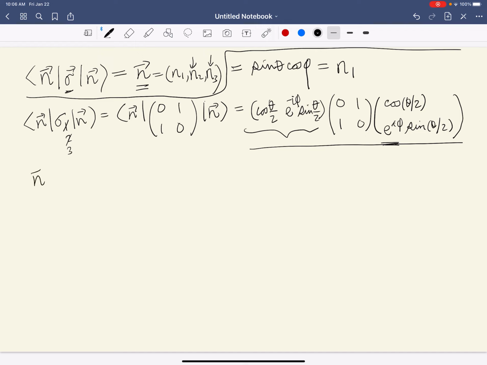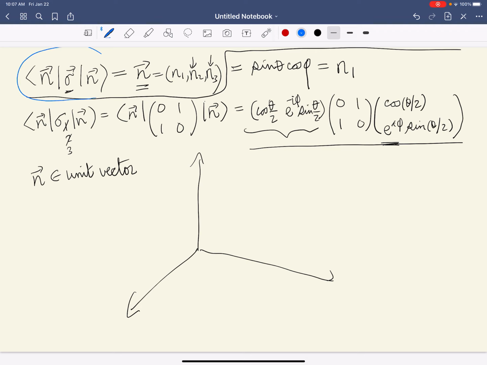Okay, but n is a unit vector. And what that means is that this expectation value can only move around on the surface of a unit sphere.